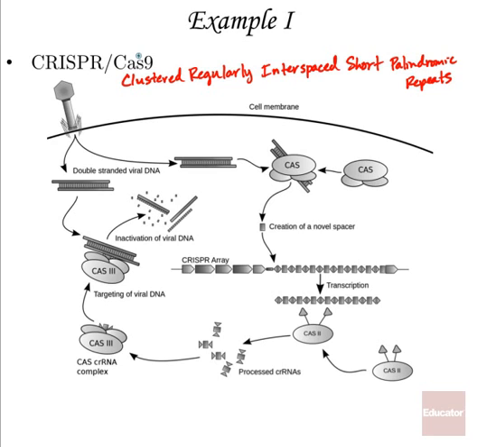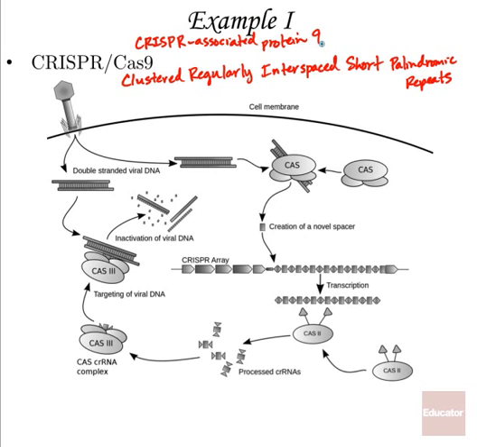And Cas9, so the Cas proteins, that is CRISPR associated protein. In this case, Cas9 is CRISPR associated protein 9.